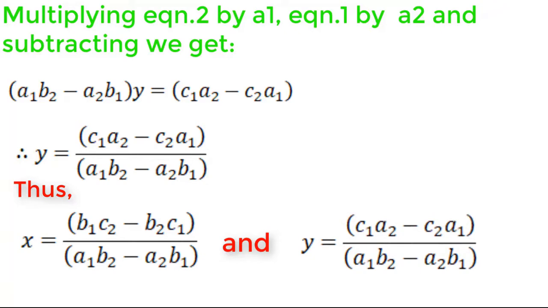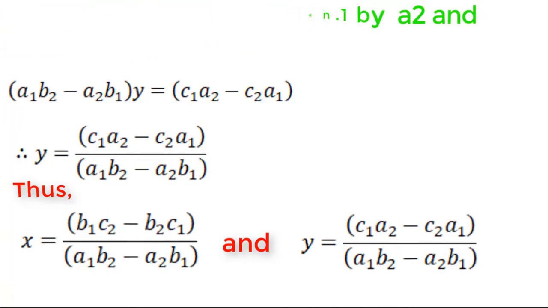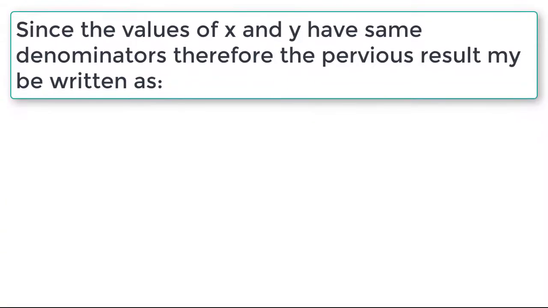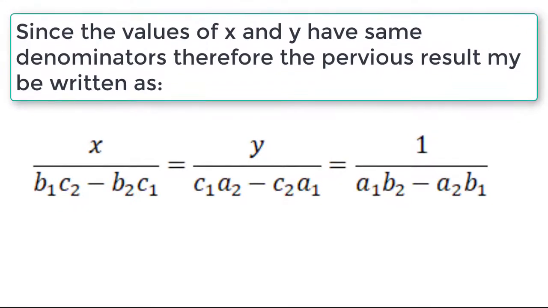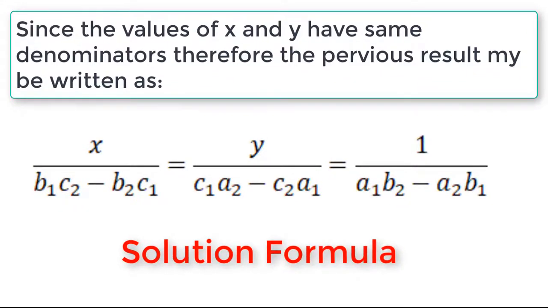Therefore y equal to c1a2 minus c2a1 by a1b2 minus a2b1. Thus x equal to this and y equal to this. Now since both have equal denominators, we can write the above result as the solution formula. So as you can see, we have derived the solution formula from the given two equations.